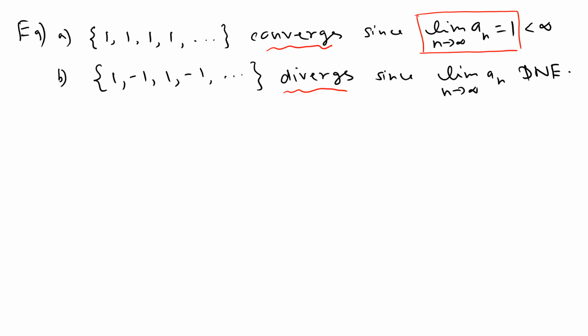Very good. So how about this one? Maybe a little more difficult. Let's say 1, 0, and then 1, 0, 0, 1, and then you have 3 zeros, 0, 0, 0, 1, like that. What do you think about this one?